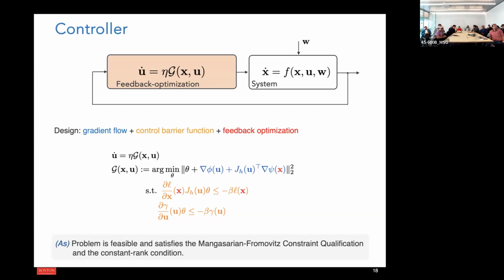Because I need to make sure this map G is locally Lipschitz in X and in U, so that I can guarantee existence and uniqueness of solutions for the interconnected system. What is eta? Eta is just a controller gain that multiplies the map G and will play a role now in assessing the stability of the interconnection.